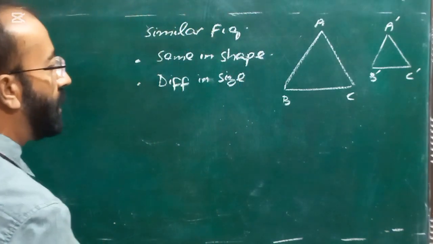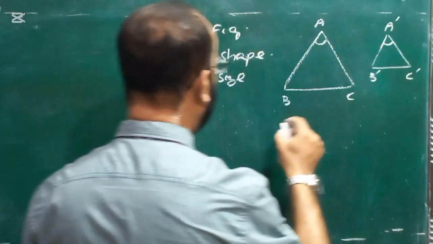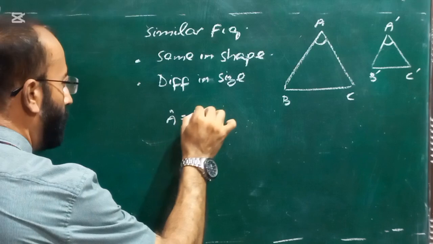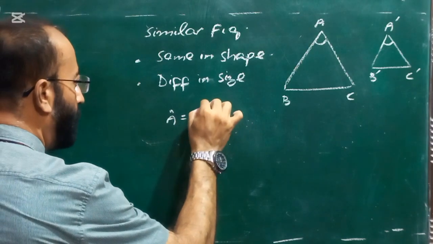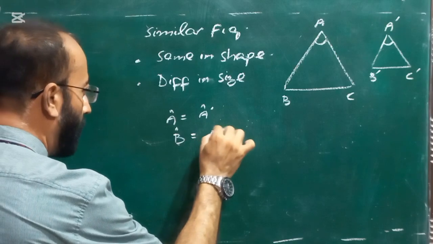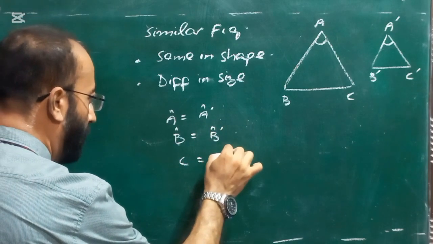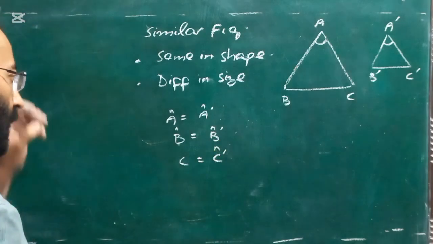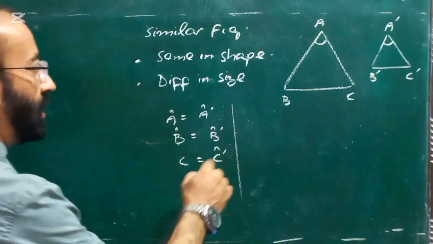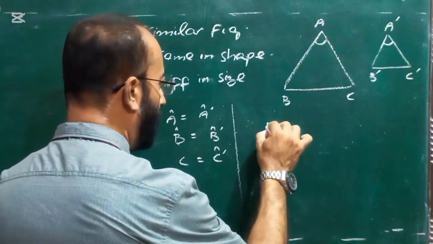In similar figures, remember, corresponding angles are equal. So A will be equal to A dash angle, B will be equal to B dash angle, and C will be equal to C dash angle. And the other thing that is very important in similar figure is the ratio of the corresponding sides.